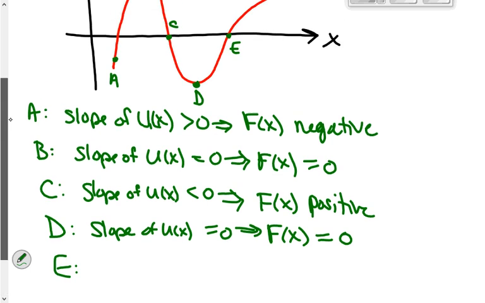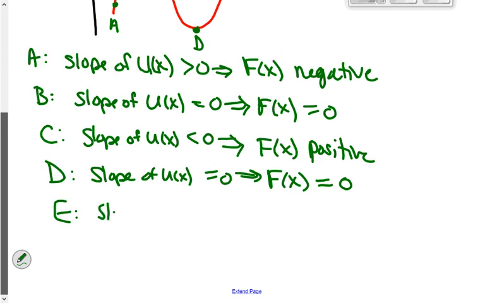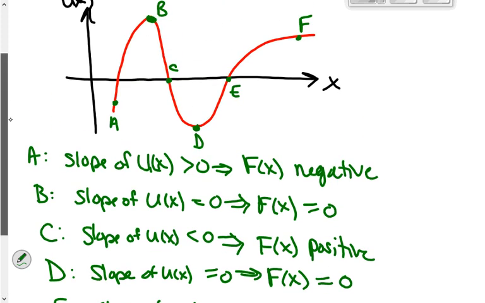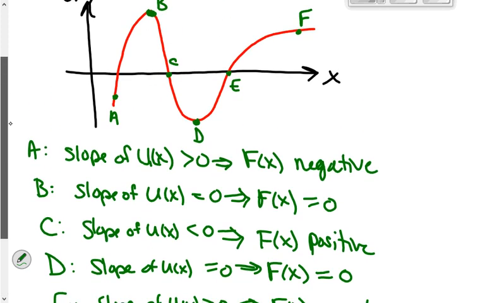Okay. If we look up at point E, what's the slope going to be at point E? Greater than 0 or positive. Good. So that tells us that the force is going to be negative. And if we go up again and look at point F, what do we have at point F?